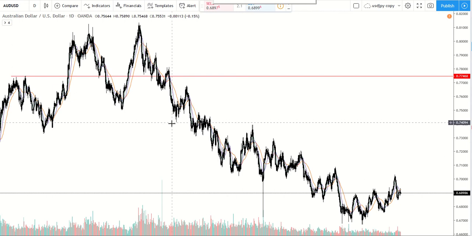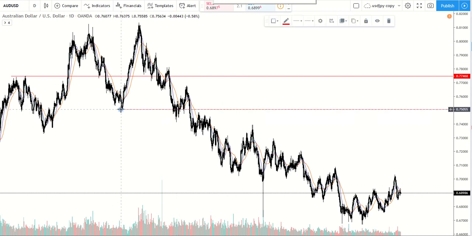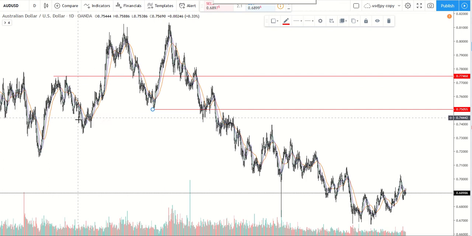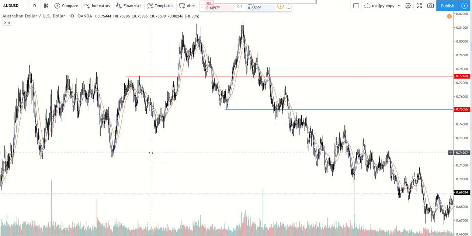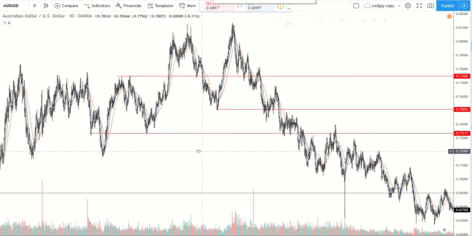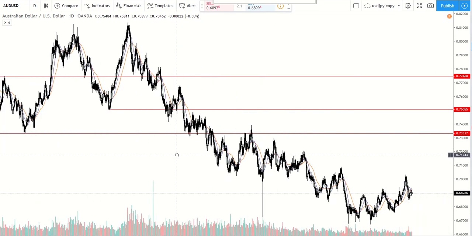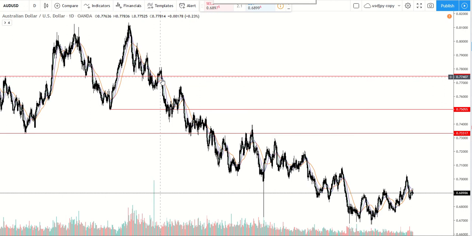And again, when we stop here, we've got two more levels on the chart. So we've got this level. You can always guarantee there's going to be more than one. We've driven down, tested this level, back up. What level are we testing here?